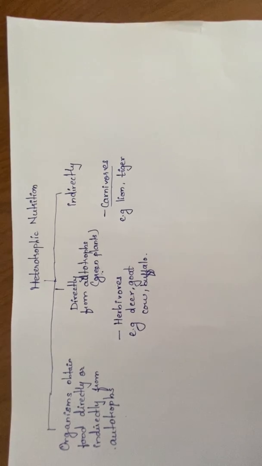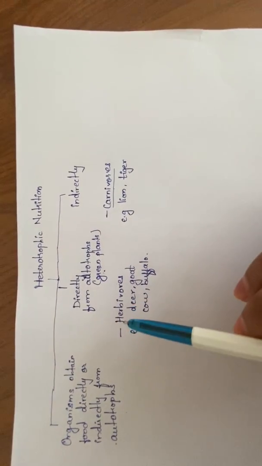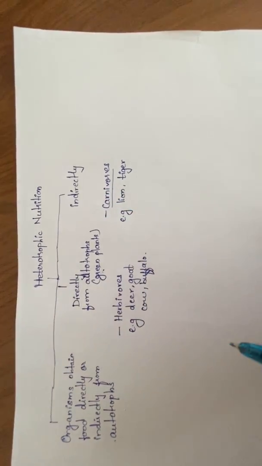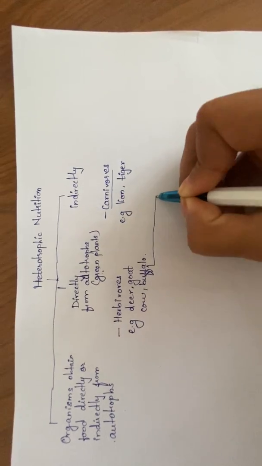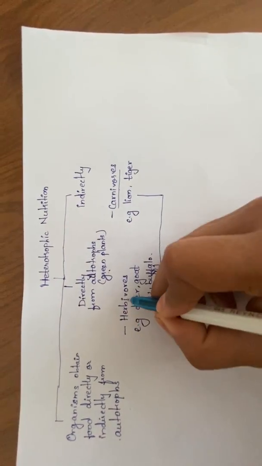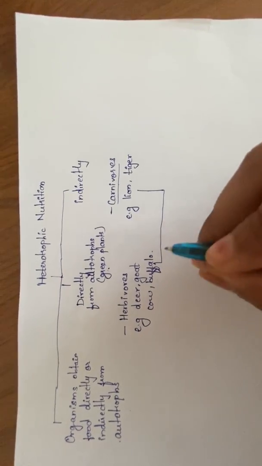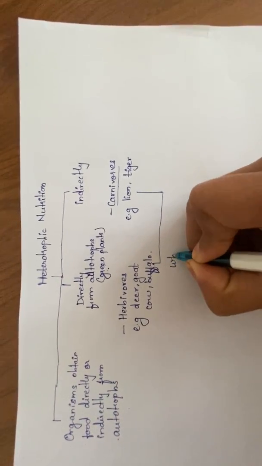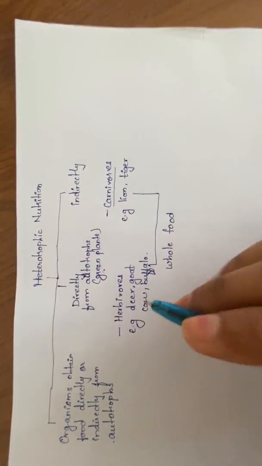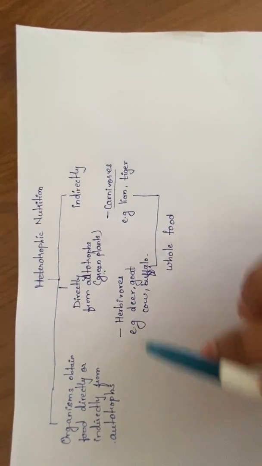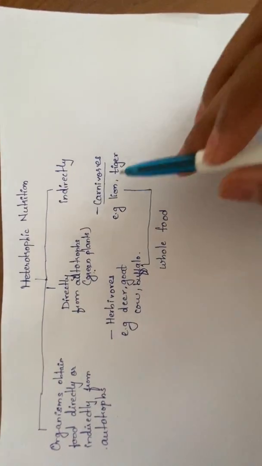Now children, here you need to understand that organisms, whether herbivore or carnivore, are taking whole food. Herbivores like deer, goat, cow, buffalo are eating plants.